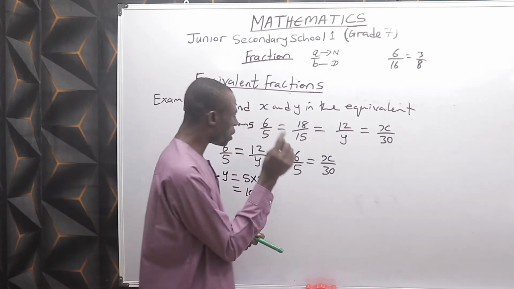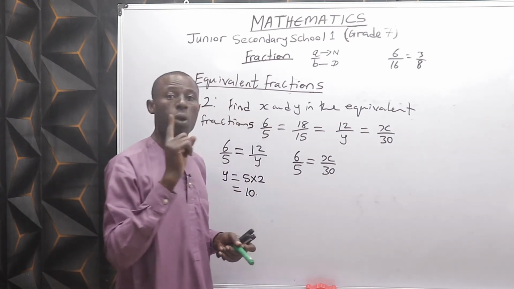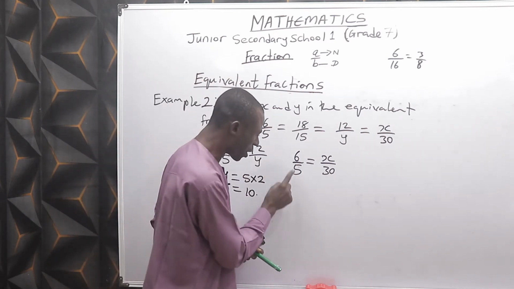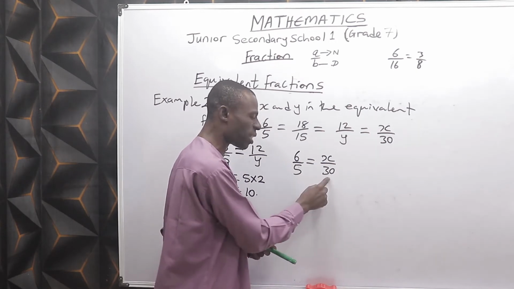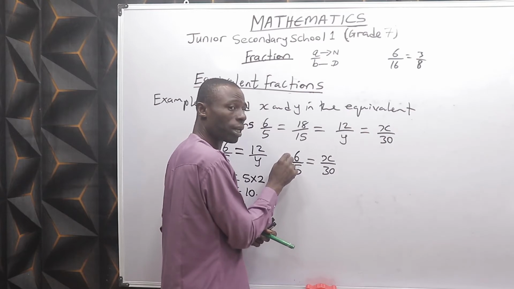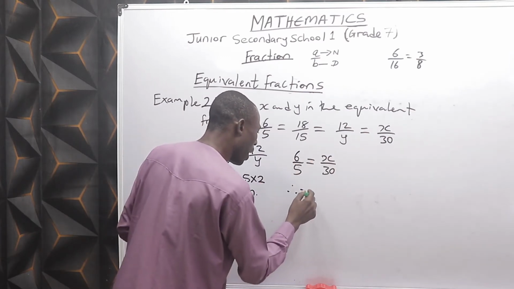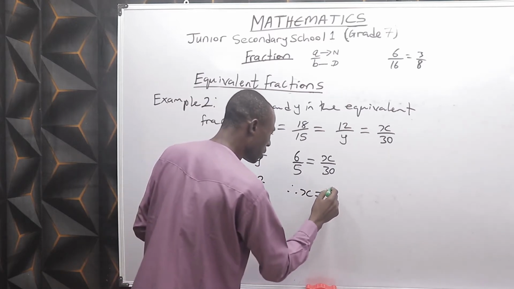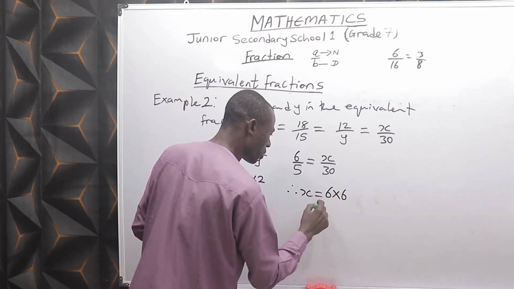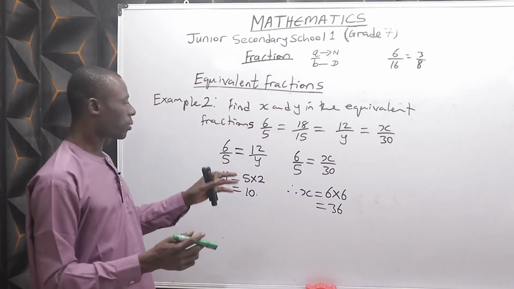And whatever happens to the numerator will happen to the denominator. Whatever happens to the denominator will happen to the numerator. If 6 multiplies 5 to become 30, the same 6 must multiply this numerator 6 to become x. Therefore, x must be 6 times 6, which is 36. And that is the end of this.